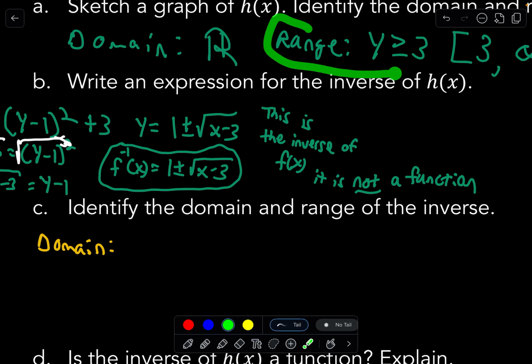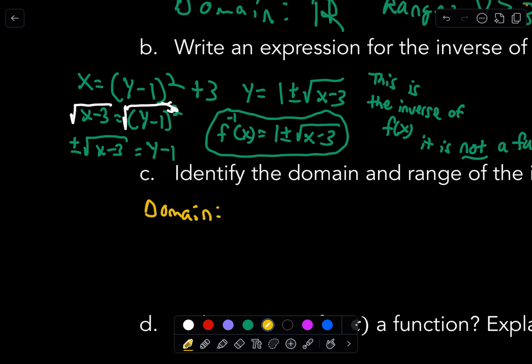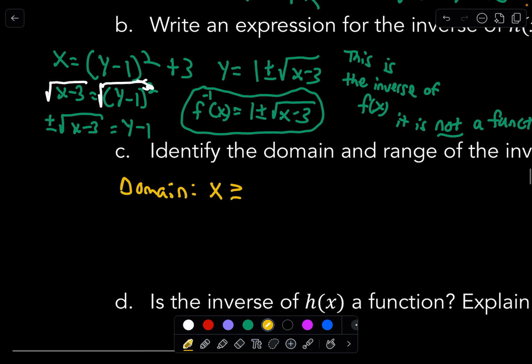Here's the range of the original function f of x. So this becomes the domain, except since we switch x and y, it becomes x is greater than or equal to 3. And we would write it like this, 3, comma, infinity, boom.